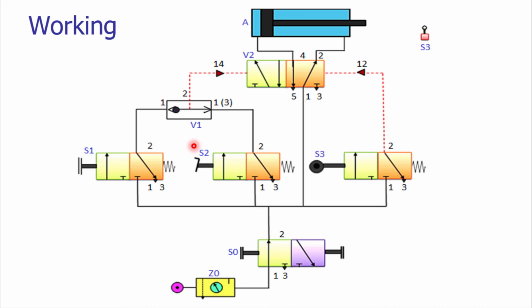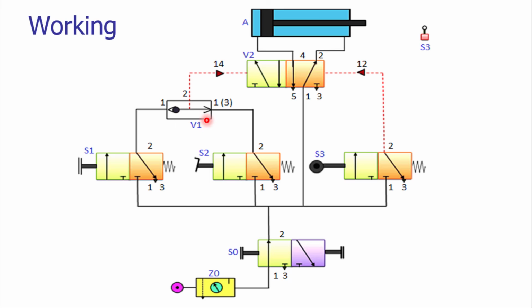Now if somebody wants to utilize the foot operated pedal valve, we need to apply the mechanical energy here. So instead of using the push button, the foot pedal valve will be operated. When the valve is actuated by pressing the foot pedal, the same operation would be carried out.